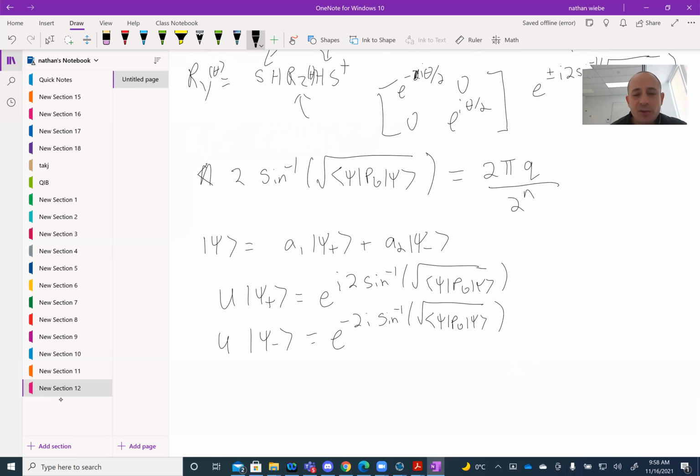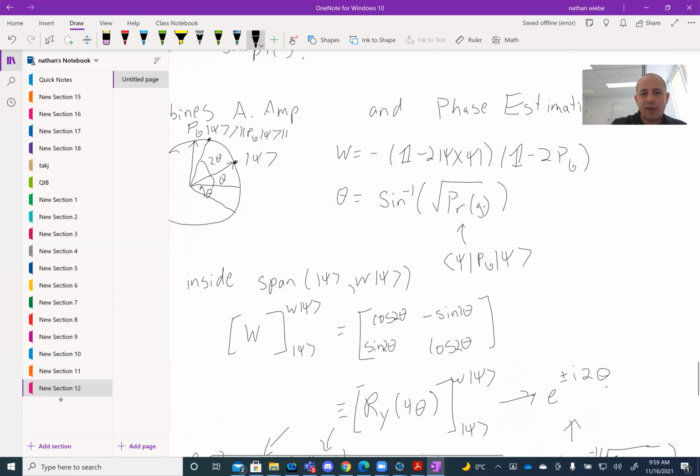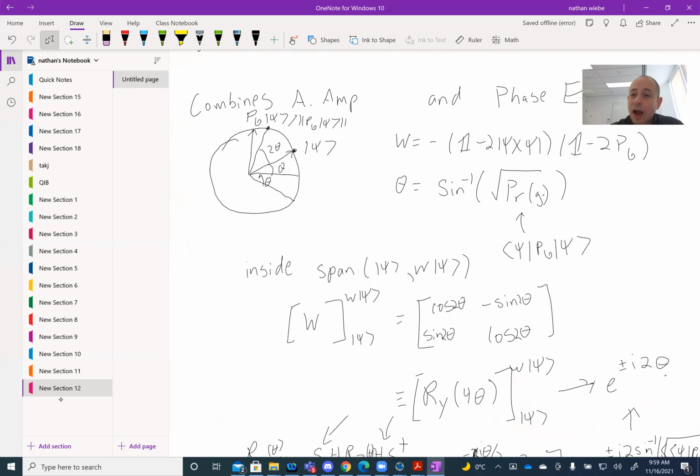Now, again, we can always do this because the eigenvectors of a unitary matrix form an orthonormal basis. And so I'm just expanding this in the two eigenvectors inside this two-dimensional subspace of interest. There are other eigenvectors, obviously, but all of these are orthogonal to psi.